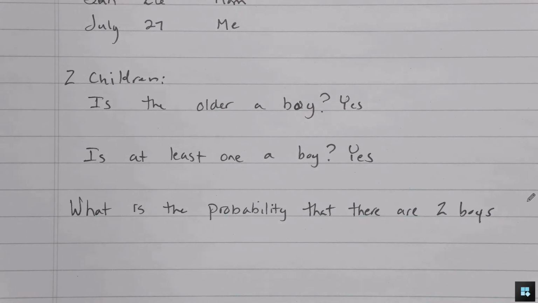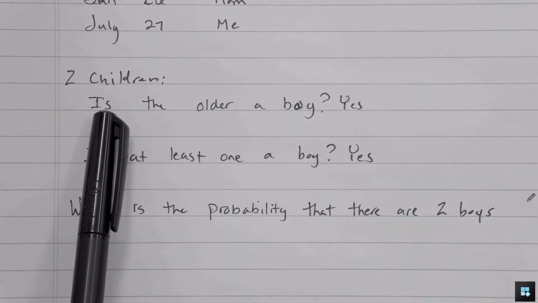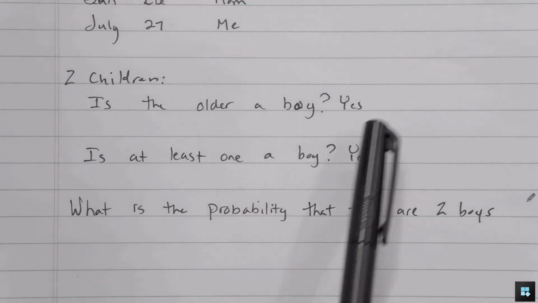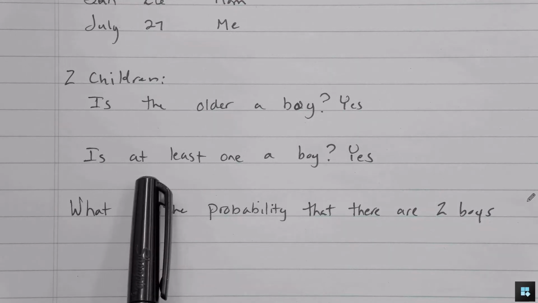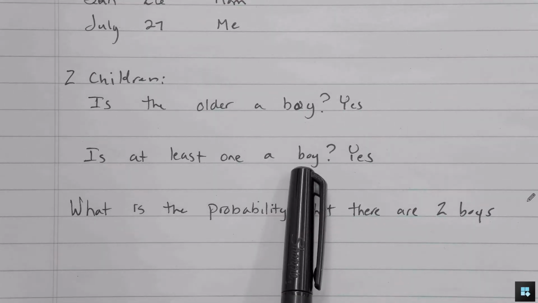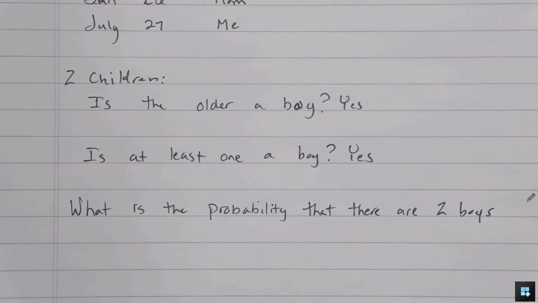So does that mean on these scenarios, where the older one is a boy, there's a 50% probability that they're both boys? Or when the question is at least one a boy, is the probability that they're both boys 50%? Are they 50% in both cases? Are they different than 50%? So go ahead and write down what you think, okay?